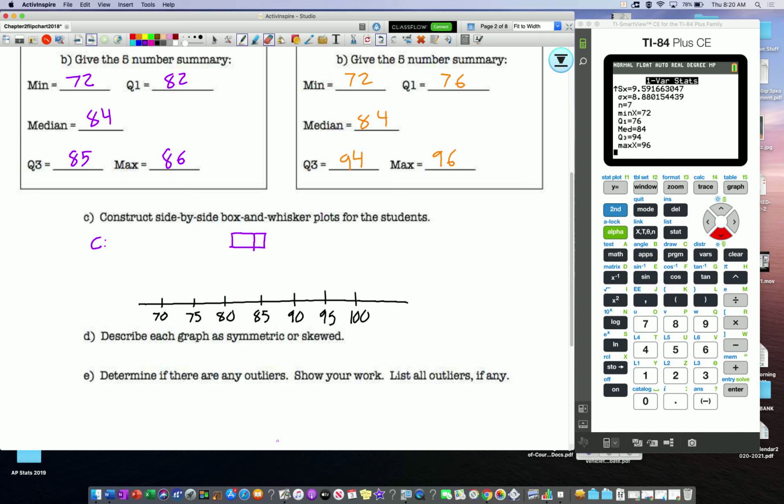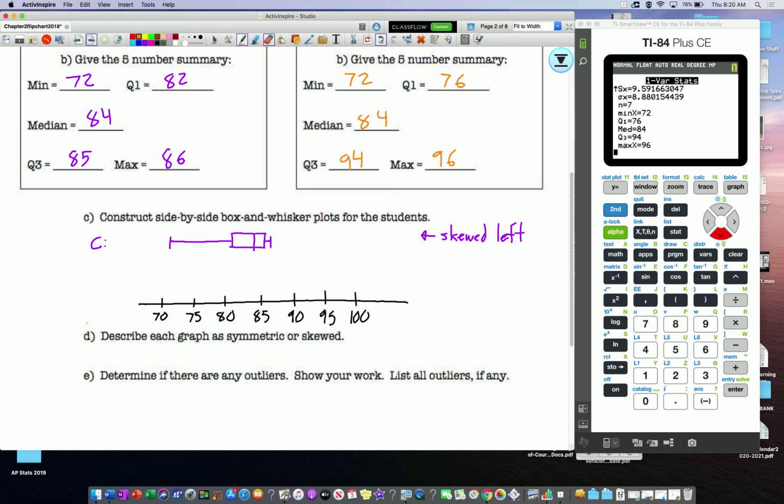Now the min goes to 72. Max was only 86, so really short there. So in fact, I'm going to describe this. Notice how the left side is much longer than the right side. So I know that this one here is skewed left.